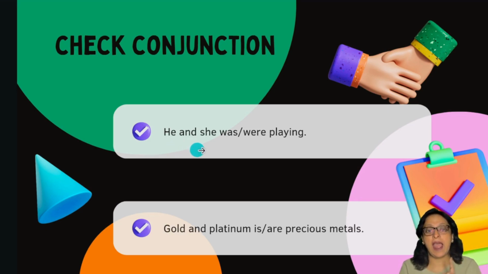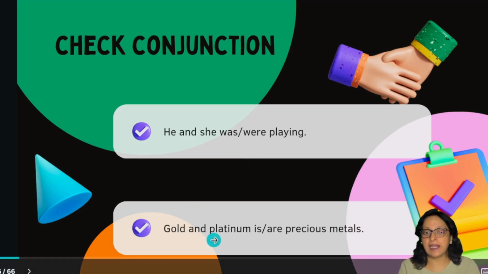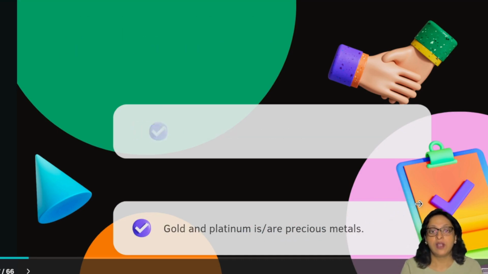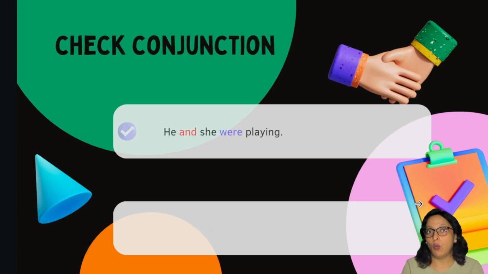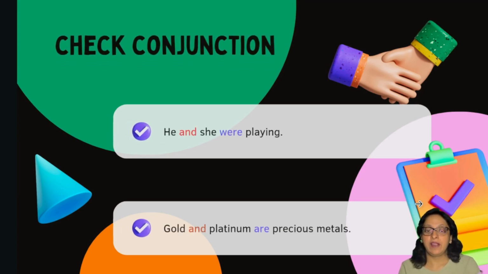So he and she, if there are two subjects joined by a conjunction, then we have to take a plural verb. Again, in the second sentence, we have two subjects, gold and platinum. Therefore, we have to take a plural verb, that is are. So the right sentence will become he and she were playing. Gold and platinum are precious metals.